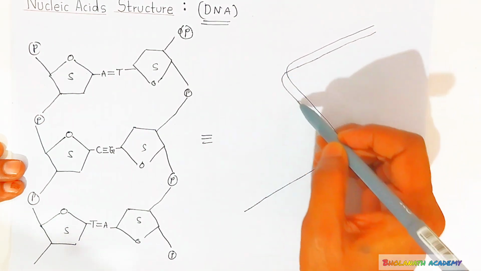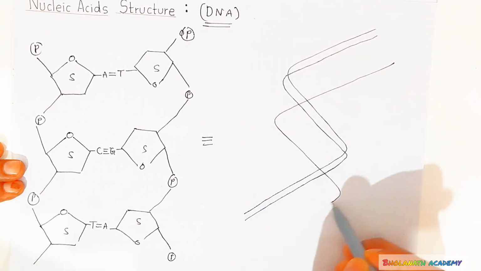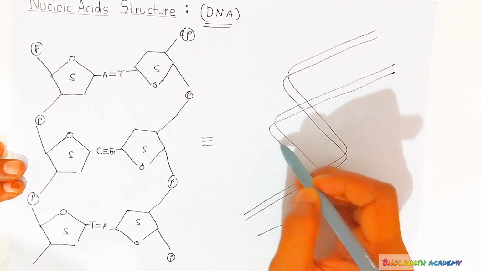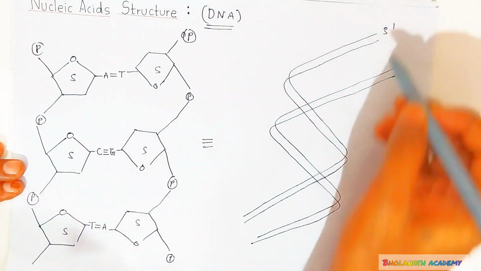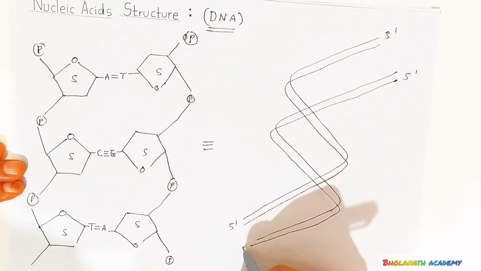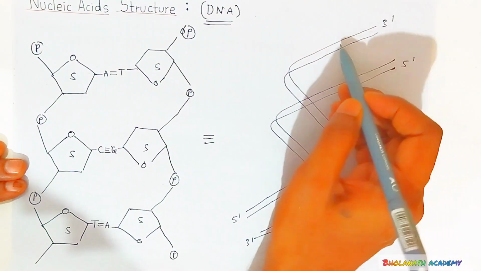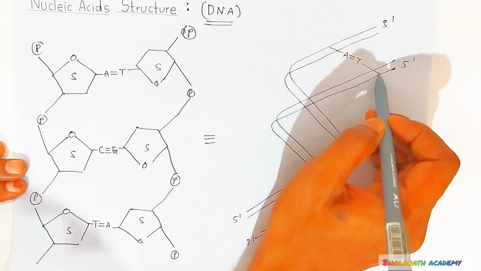The sugar strand I am drawing, students. Since it is double helix, this way you can draw the structure of DNA. Here, if this is carbon number 3', the last will be 5'. If this is 5', this will be 3'. Understanding, students? Now the nitrogenous bases you can draw like this. Adenine containing 2 hydrogen bonds with thymine.